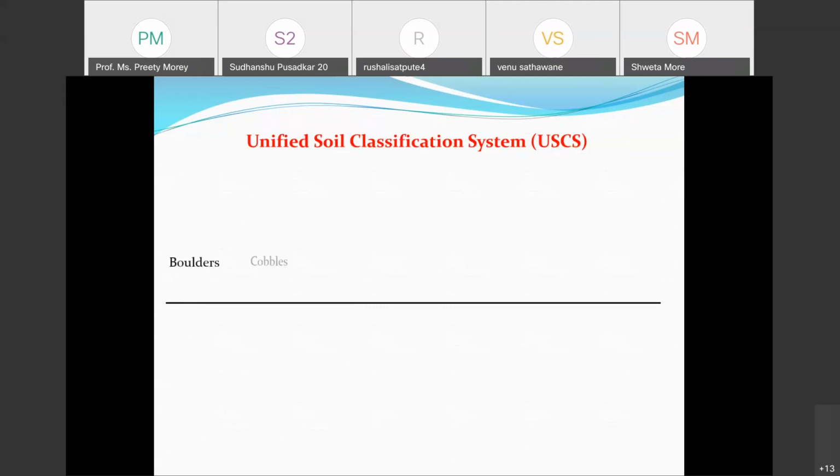Suppose we have these different types of soil, say boulder, cobbles, gravel, sand, silt, and clay. How are these different? As I said, coarse grained particles from sand onwards up to boulders are classified using size. The cobble has a different size.